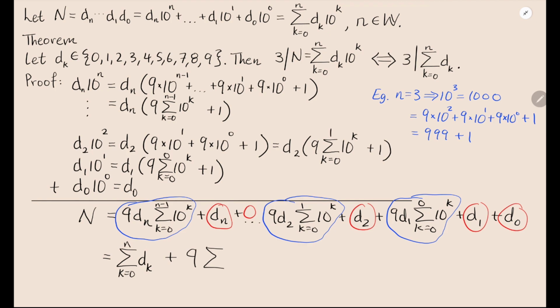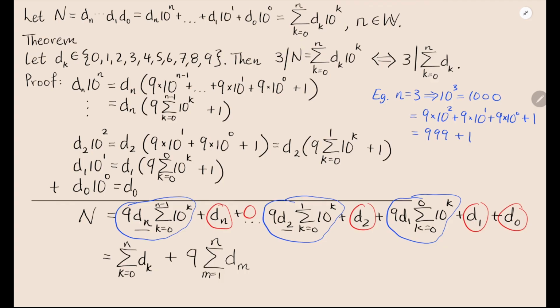But what are we counting? You have d1, d2, d3s, dn minus 1s, dn's, right? So I could say that the index counter m goes from 1 all the way to n, of dm.